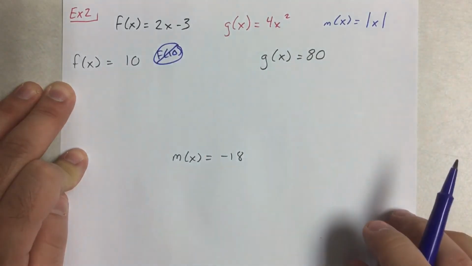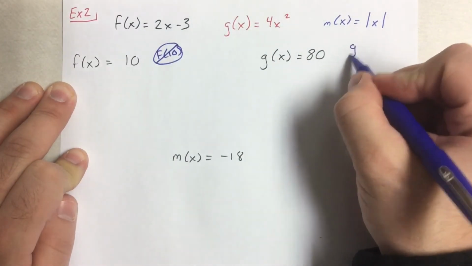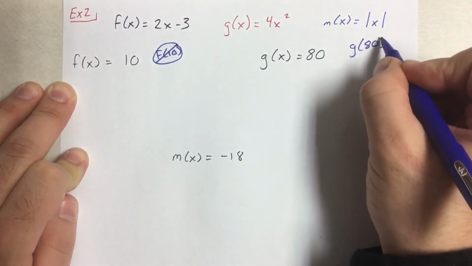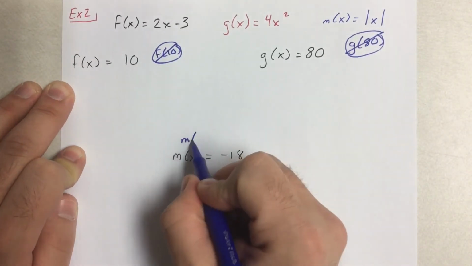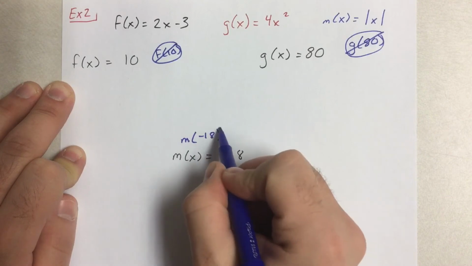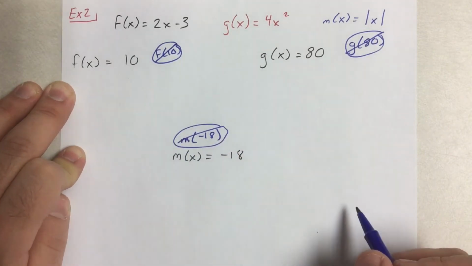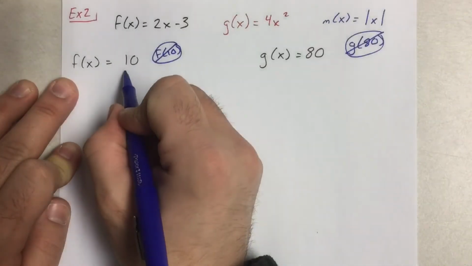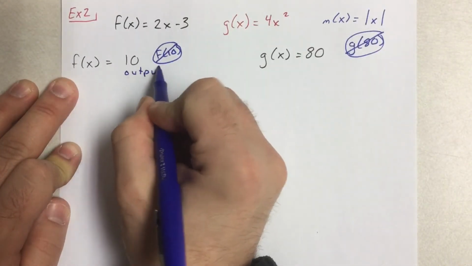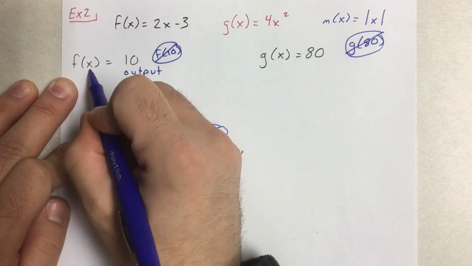No. This is not g of 80. No. And this is not the same as m of negative 18, okay? So no. So what this means is that we have the output and we desire the input.